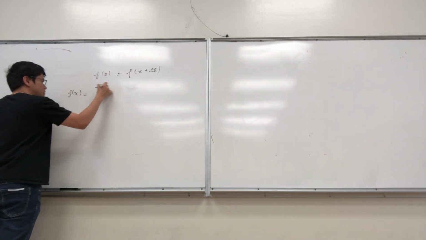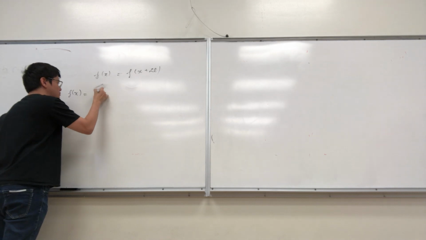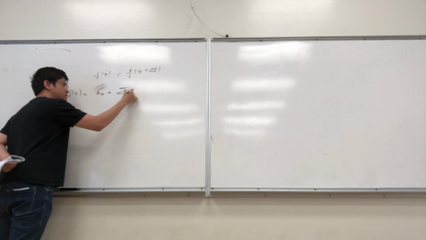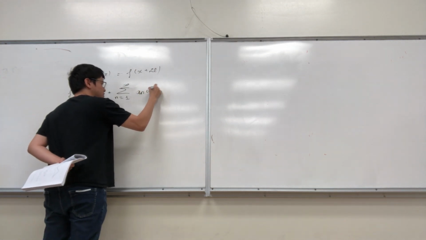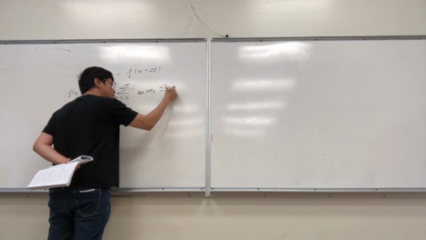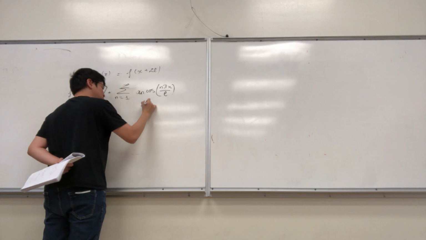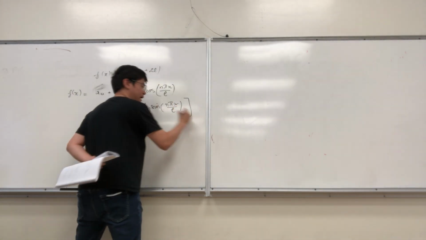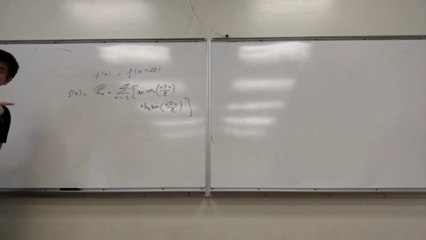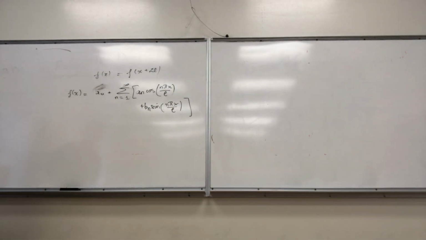So f(x) will be a0 plus the sum, when n is going from 1 to infinity, of an cosine of n pi x over L plus bn sine of n pi x over L. And we also have formulas for a0, an and bn.